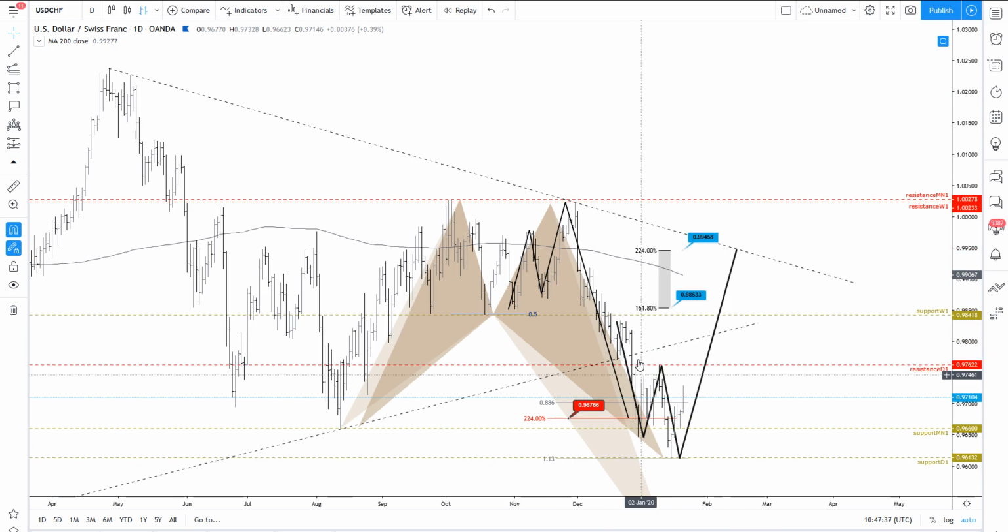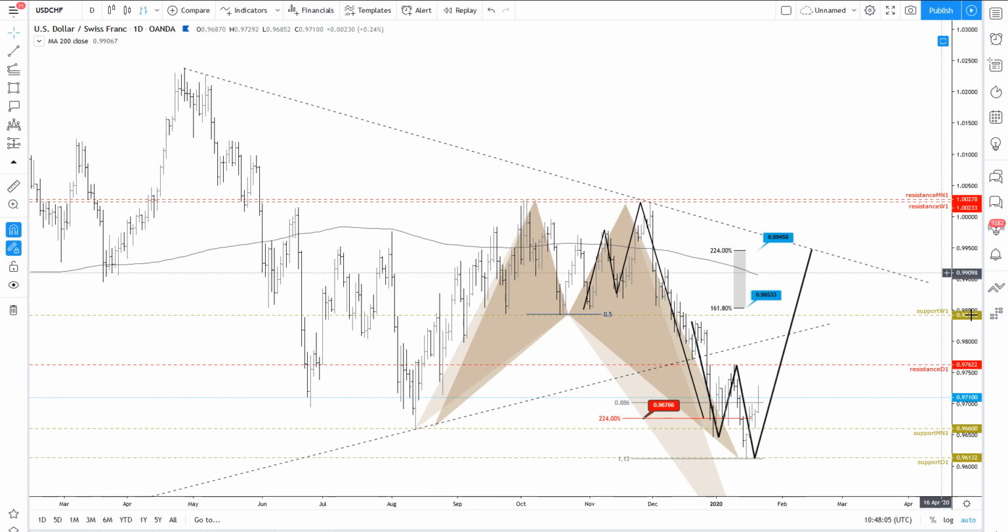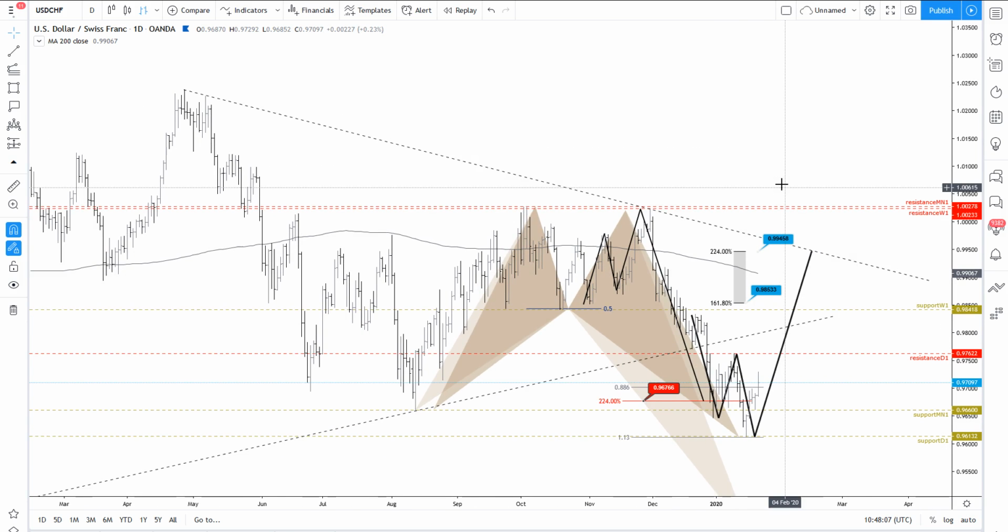So I don't pay too much attention to those trend lines and to those breakouts unless I'm trading a very specific pattern such as a flag or a triangle. Usually I wait for a retest of that breakout, of that structure, to create an attempt to go short or to go long in a specific market. But at least for now, I will not pay too much attention to those trend lines.